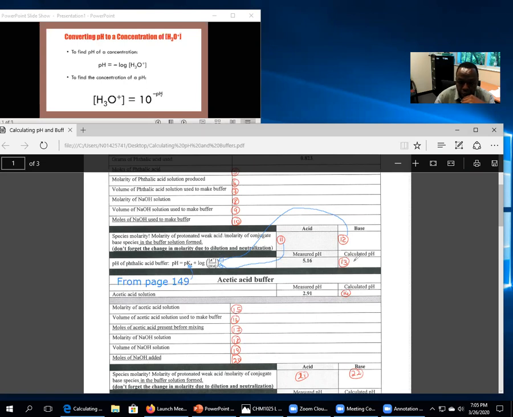This is for line 13 using this equation. You don't need to change to Ka. This is the pKa of our what? pKa of the phthalic acid, potassium hydrogen phthalate. From page 149, you have the value there. You should be able to find the value for 12 here and the value for 11. 12 and 11 will take care of that.